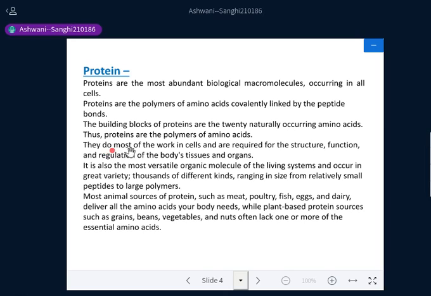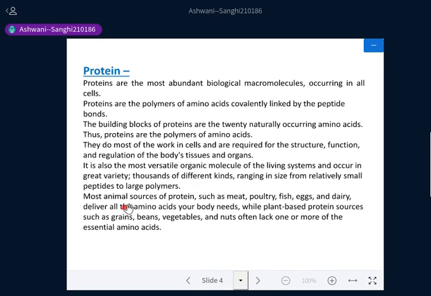Proteins do most of the work in cells and are required for structure, function and regulation of body tissues and organs. They are the most versatile organic molecules of living systems and occur in great variety, thousands of different kinds, ranging in size from relatively small peptides to large polymers. It is called a polypeptide chain, and after that it is called a protein.